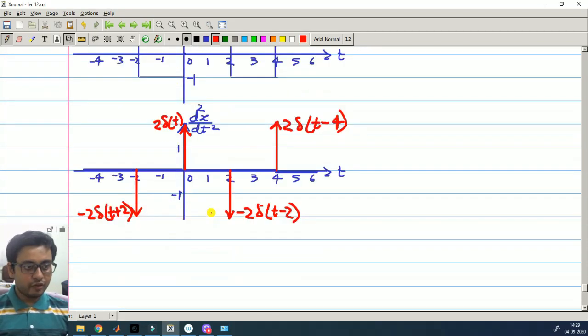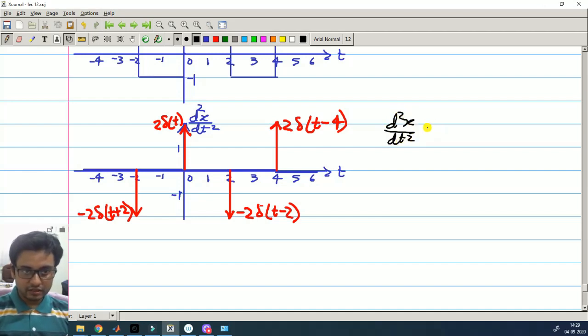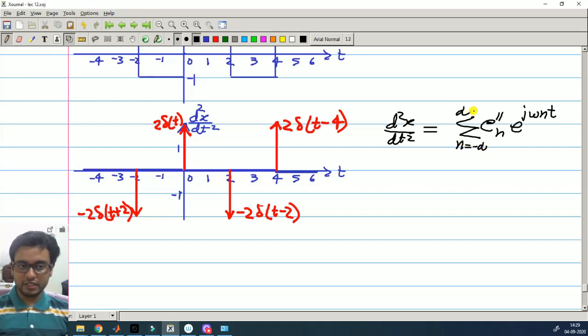Now we shall first find the Fourier coefficients of this signal, the second derivative. Suppose the Fourier series for the second derivative is like this: sum over Cn double prime e to the power j omega n t, n running from -infinity to +infinity.